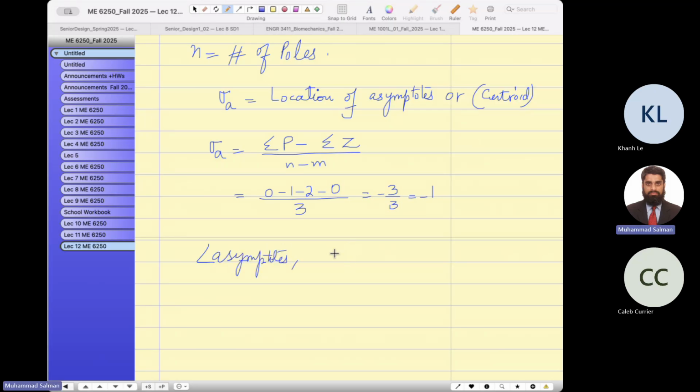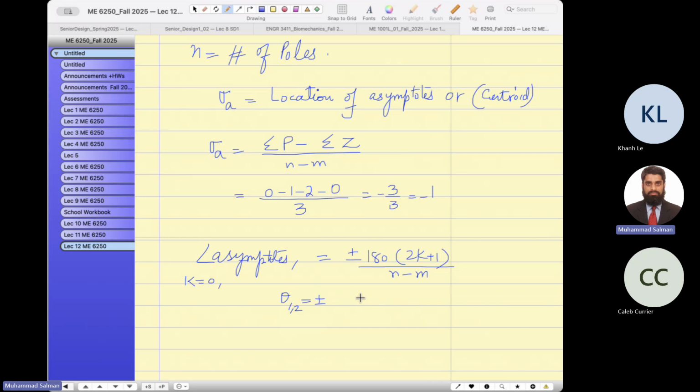The angle of asymptotes equals plus minus 180 times (2k plus 1), divided by n minus m. Let's say k equals 0. What is the angle, theta 1? It always gives you two angles. Each value of k gives you two angle possibilities, and then it starts repeating. When you add k equals 1, 2, they start repeating on the same line. So I will show you.